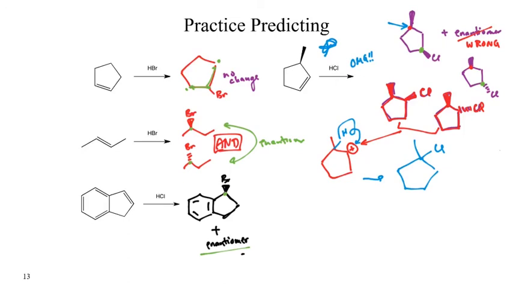So just like we said in the last unit, when you see a carbocation, you better be thinking rearrangements. Okay, so I let that one kind of sneak up on you. Sorry, not sorry. Okay, with that, we'll go ahead and be done with this particular video.